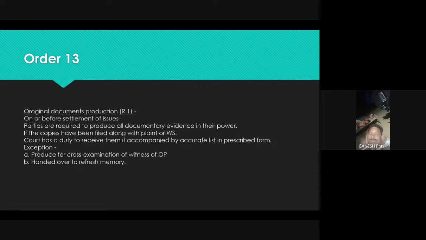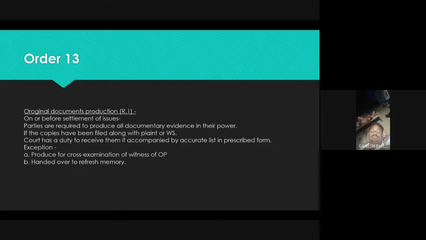So before settlement of issues, all the documentary evidences that are in the power or possession of the parties are to be produced, but subject to the condition that the copies thereof have been produced along with the plaint or written statement.